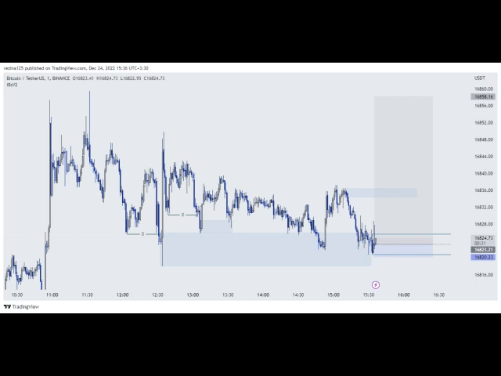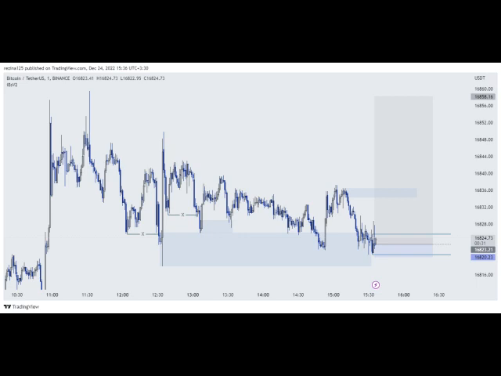According to the Photon strategy and how I map structure, for me 4 hour is still bearish. For me this is a swing high, for me this is a swing low. I personally don't use pip rules. If you use them, it can be a little bit different, but I believe we are still bearish even with pip rules. But with swing structure, for me this is a swing high, this is a swing low.